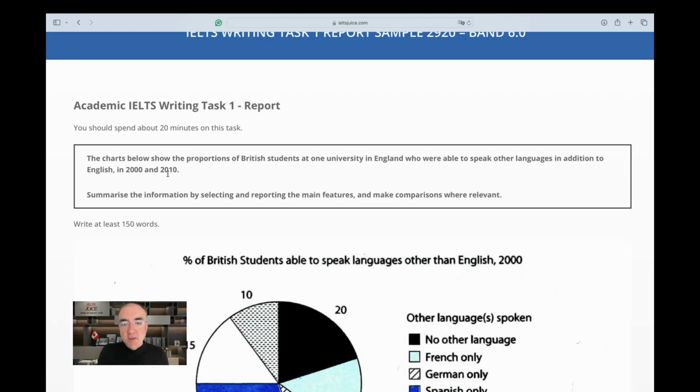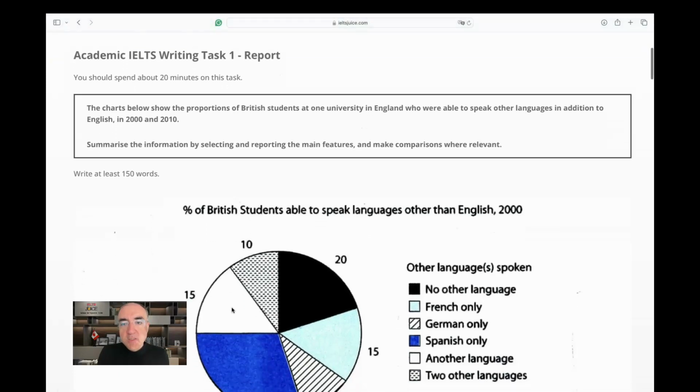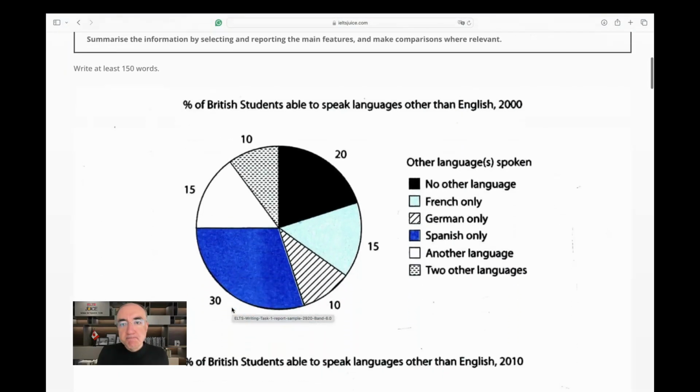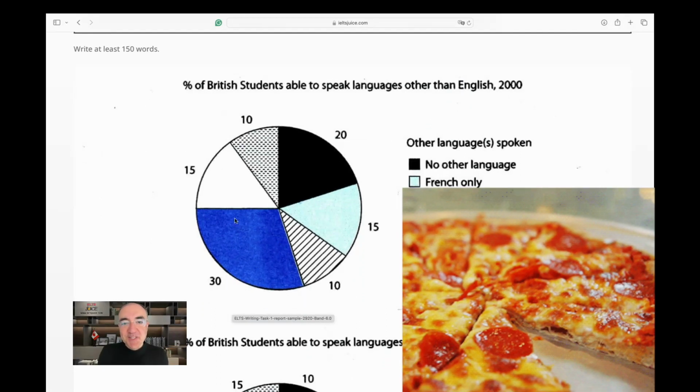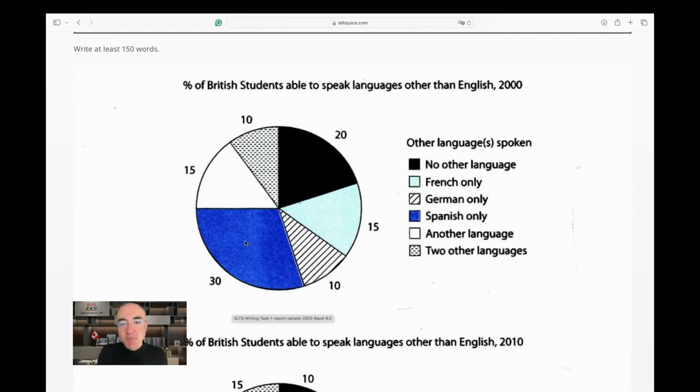The fourth thing is, what's significant? What is significant here? The largest piece, like this is a pizza, the largest piece is this blue one, which is Spanish only. This means the students of that particular university were able to speak English, of course, and Espanol.